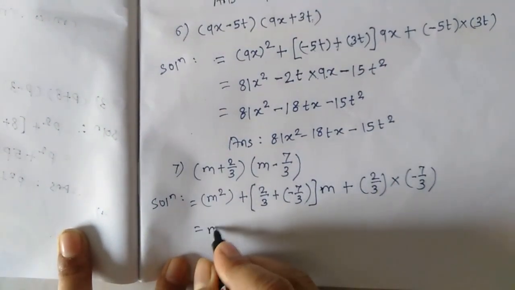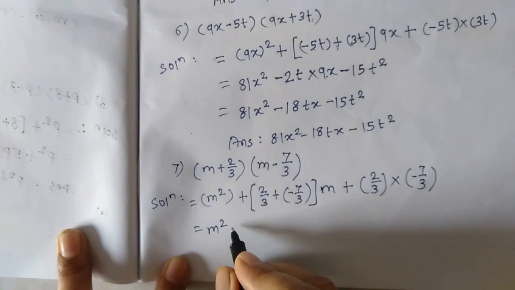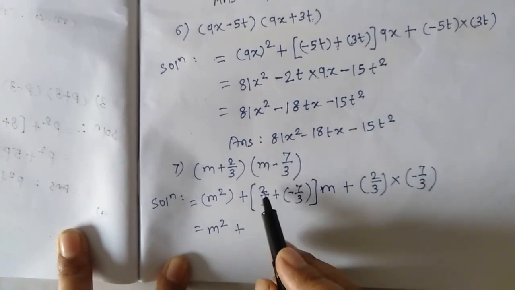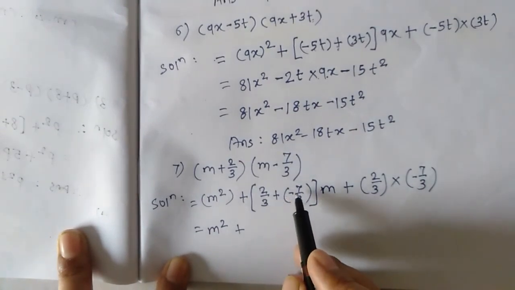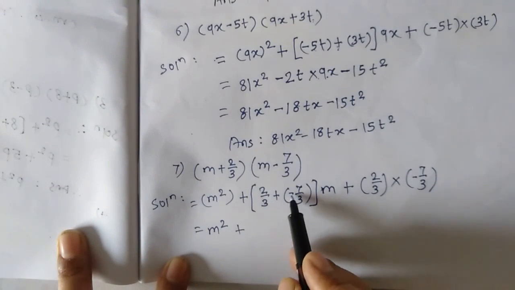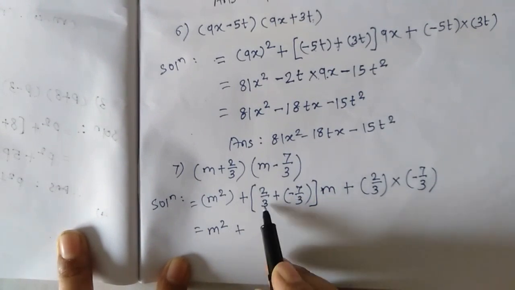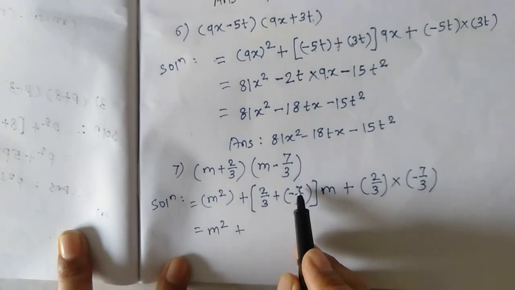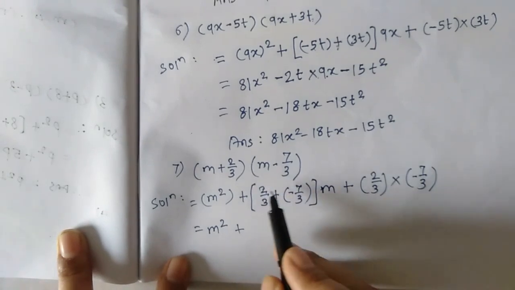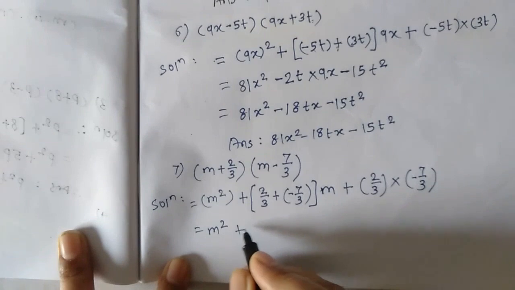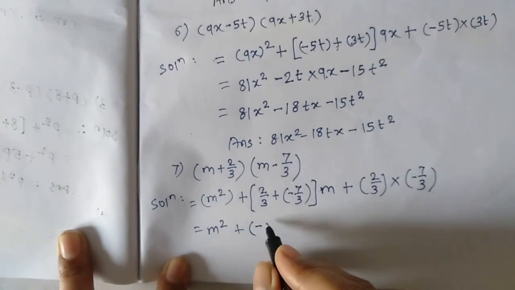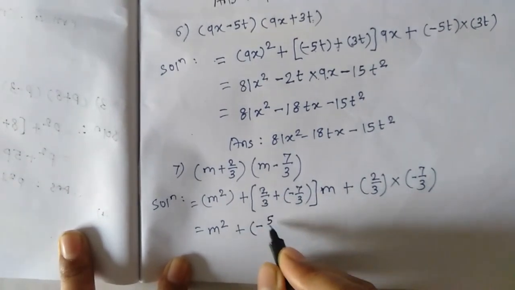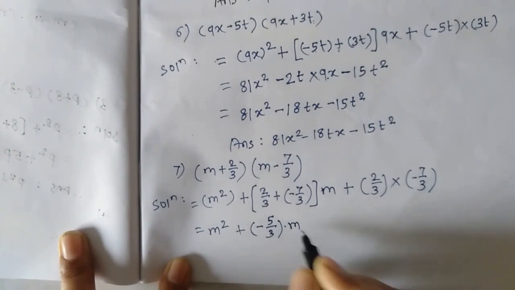Therefore m square as it is plus 2 upon 3 minus 7 upon 3, because here we take the subtraction. So here the denominators are same, so we can directly apply the operation on the numerators. So 2 minus 7 is minus 5 upon 3 into m.